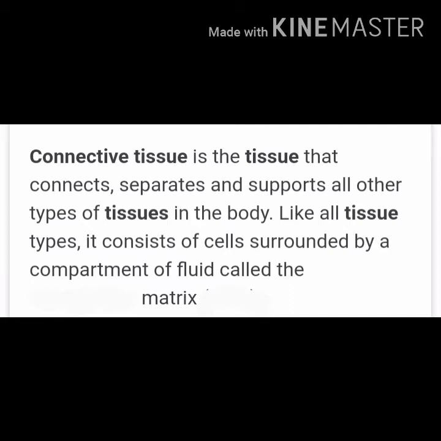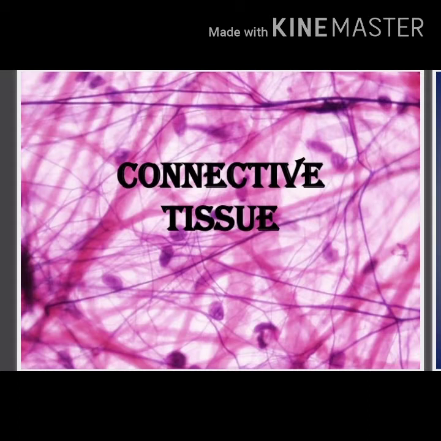One is the major part, that is the matrix. Matrix is a basic ground tissue or ground part which may be jelly-like, fluid or solid. The matrix can decide the nature and function of the tissue.